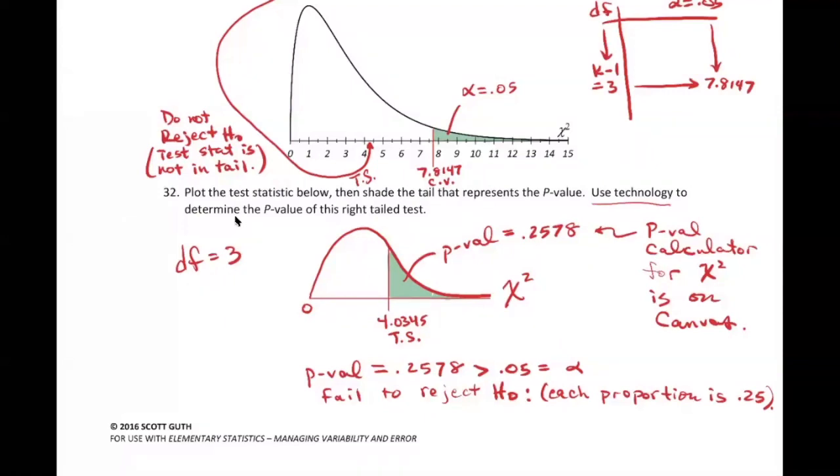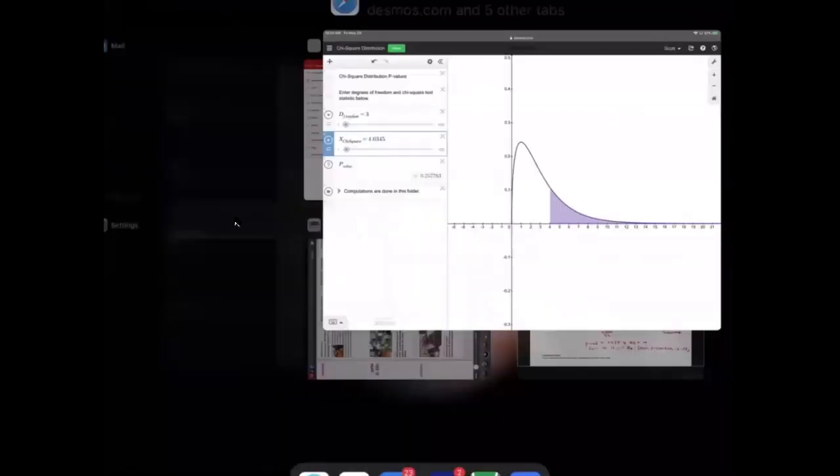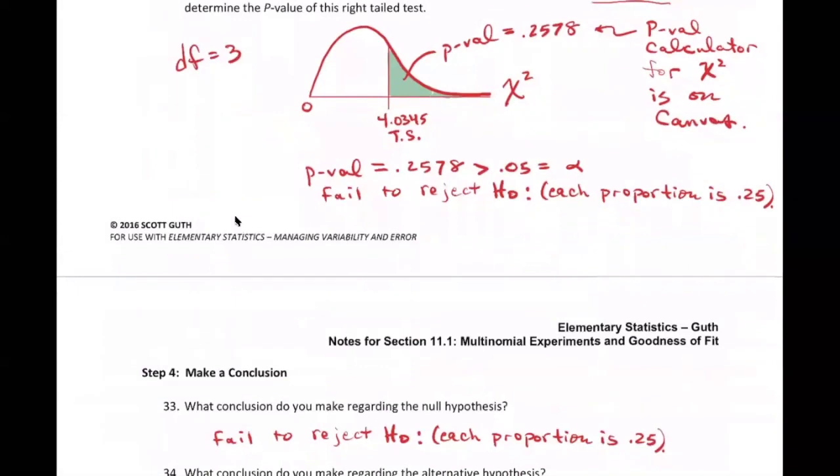Did I get the right p-value here? 0.2578. Actually, that matches what I wrote here, so that's fine. Okay, all is good.